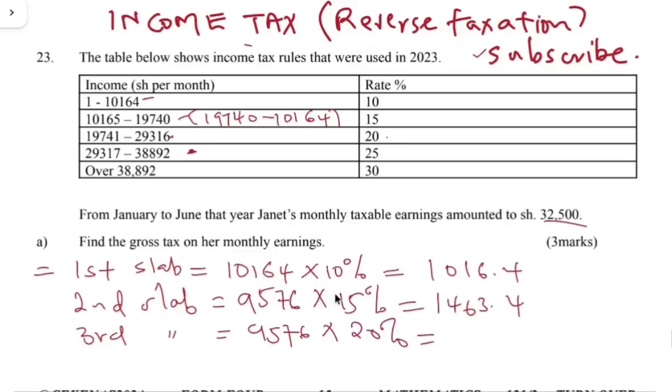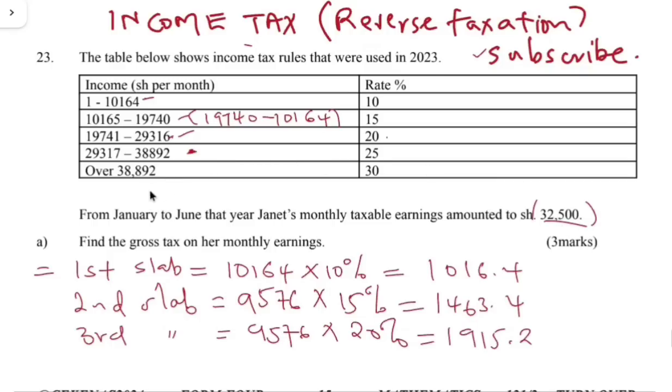So answer itakupa times 0.2, 20% ni hapo. So it gives you 1,950.2. Okay, tushamaliza.